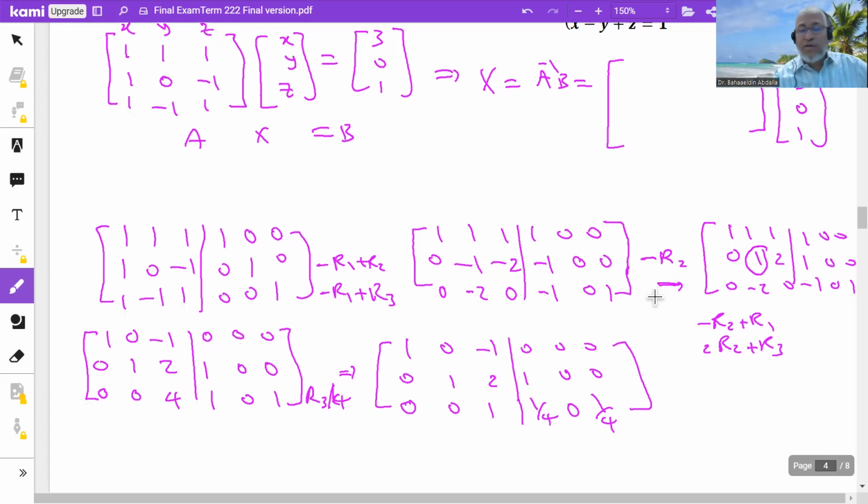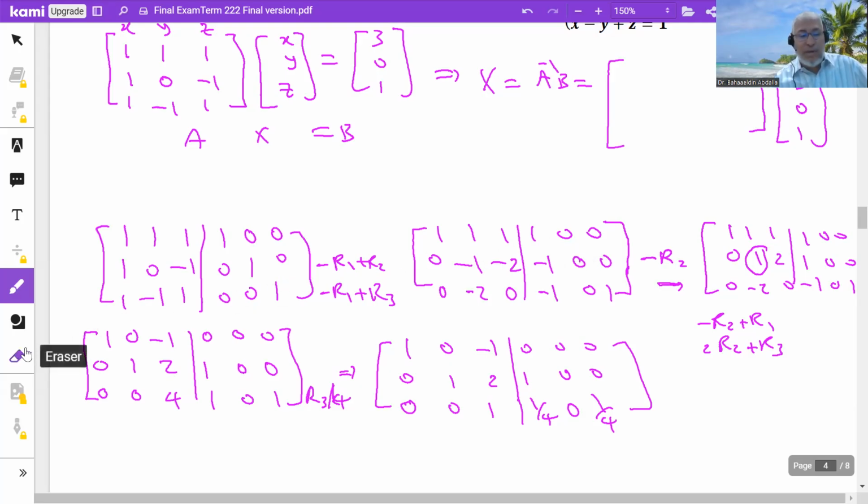Then here, negative R2, doesn't change anything. Then negative, it's strange, negative R2 plus R1. Also, this is 0. Oh, here, 0, 1, 0. Negative R1 plus R2, this is 1.